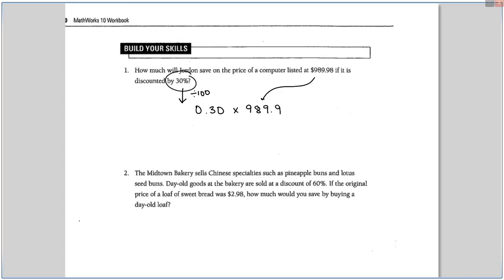In this case it's the price of the computer. So for this one, 0.3 times 989.98, and after rounding you have 99 cents. So this is the savings, not what you're going to pay.